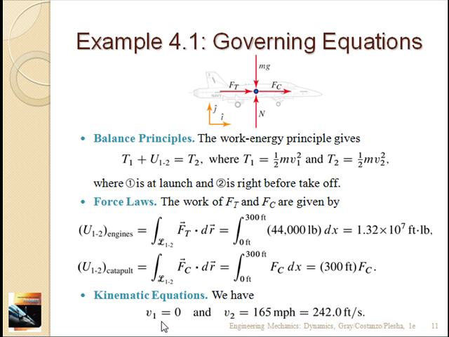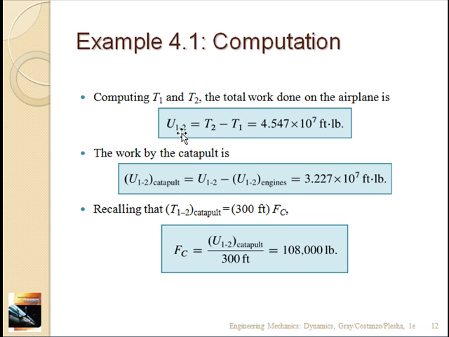Kinematics, we have zero initial speed, and final speed is 165, or 242 feet per second. So U12, which is T2 minus T1, is 4.55 times 10 to the 7th foot-pounds. That's the total work done by the catapult and the thrusters on the airplane as it launches.